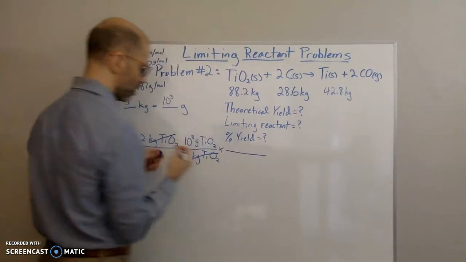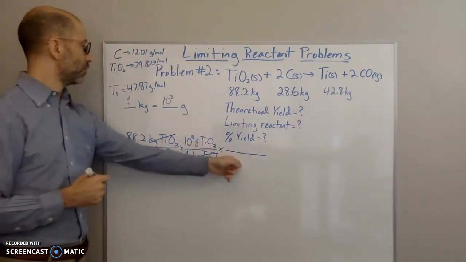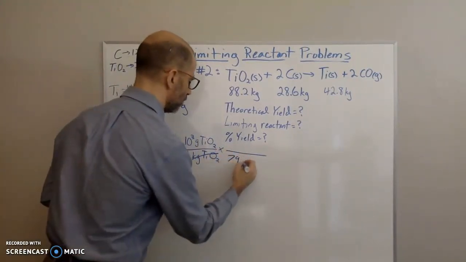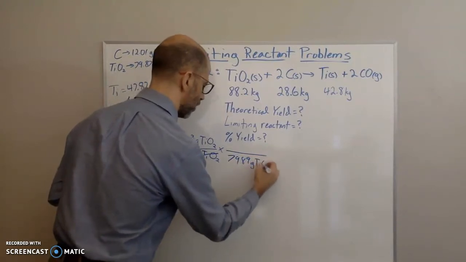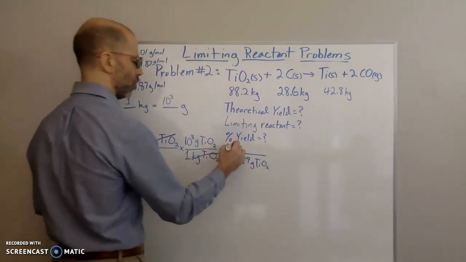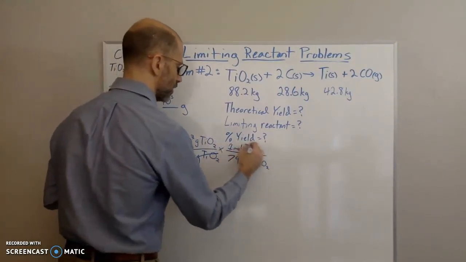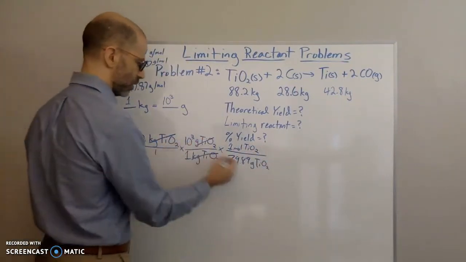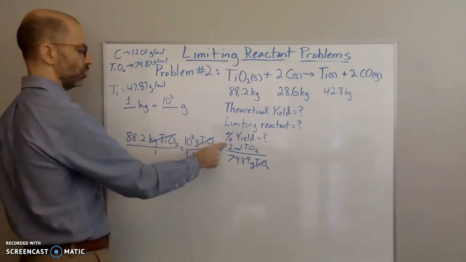I'm going to use that as a conversion factor. Since I have grams on top, I'm going to have grams on the bottom: 79.89 grams of TiO2, and 1 mole of TiO2 on the top. So grams of TiO2 cancel out, and now I have moles of TiO2.